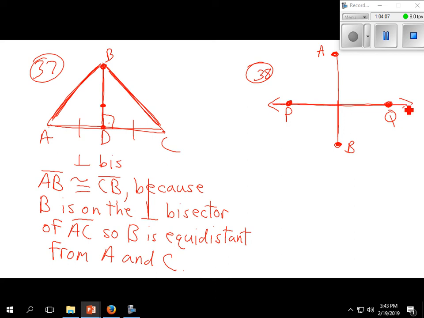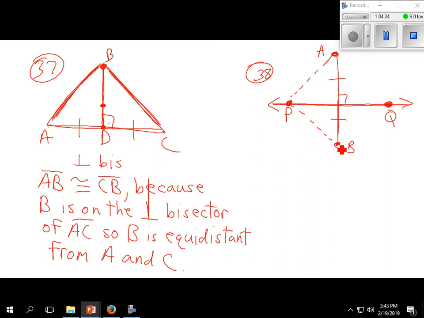So they're telling us that this is the perpendicular bisector of this, so there's a right angle there, and we know that these two segments are congruent. And they want to know if the fireman walks to A or walks to B, which is the shorter path.